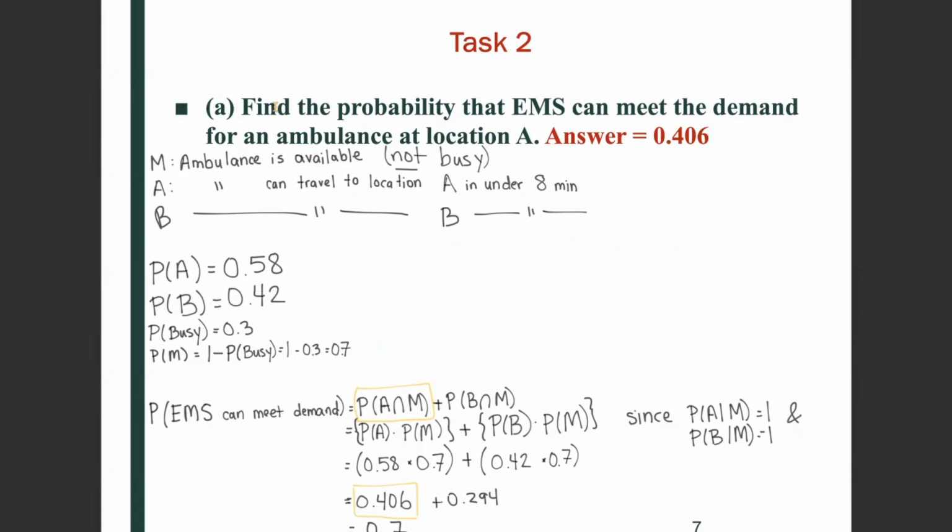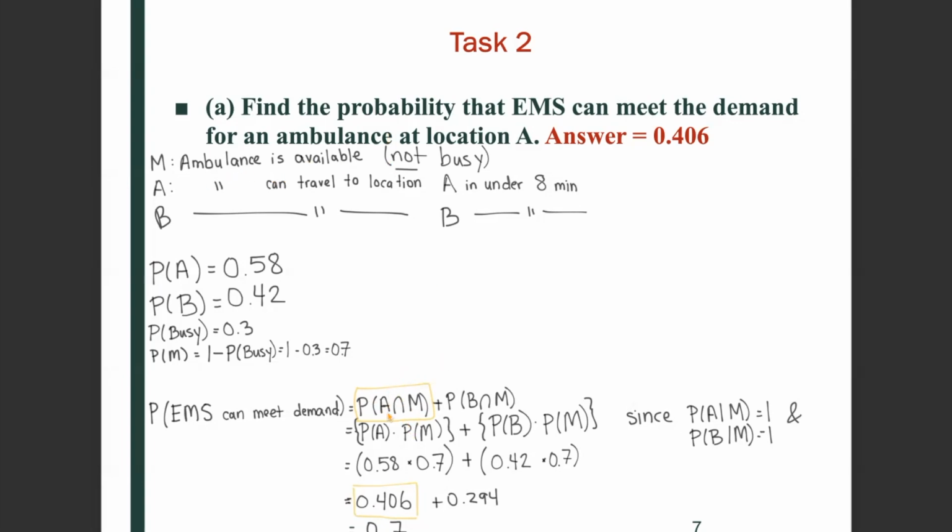And here we want to find the probability that the EMS can meet the demand for an ambulance at location A. So here we're just interested in what I've circled in yellow, and I'm going to get back to this overall thing. But for just part A, we're interested in the probability of A intersect M, which is the probability that the ambulance can travel to location A in under 8 minutes and that the ambulance is available.